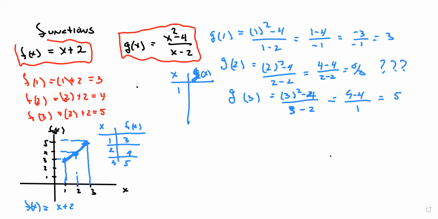For 1, we have 3, which is the same as the other one. For 2, we got 0 over 0, which is not good. And for 3, we got 5. And let me do the graph right here so we can see how it looks and compare it with the other one.